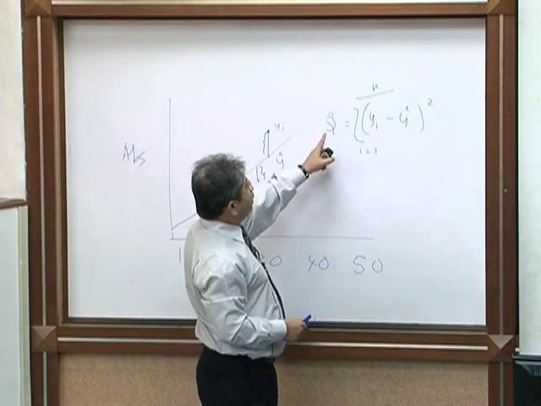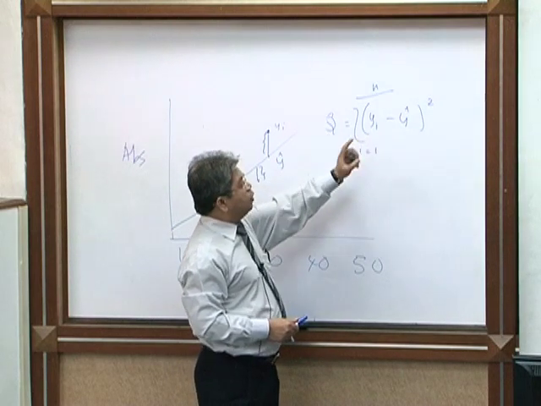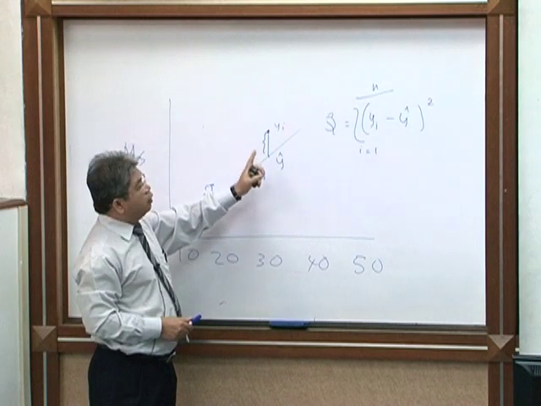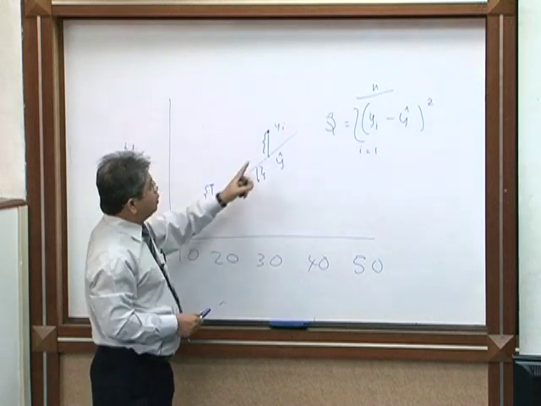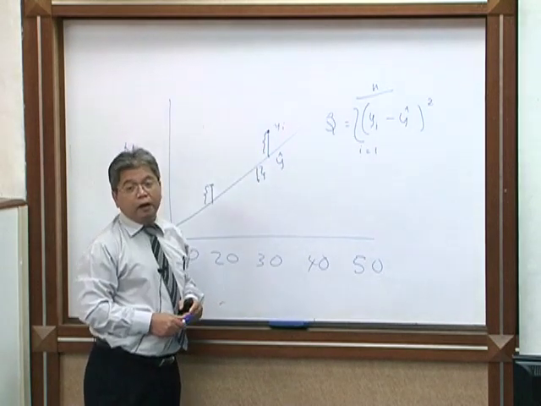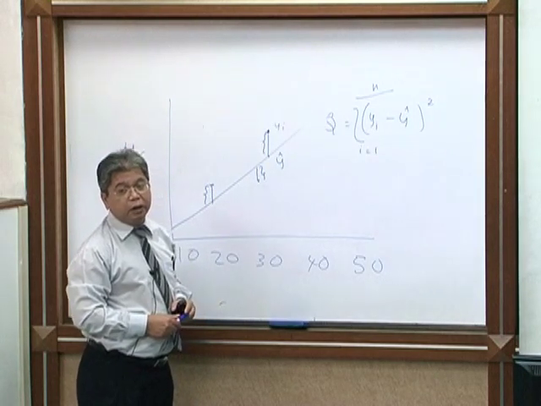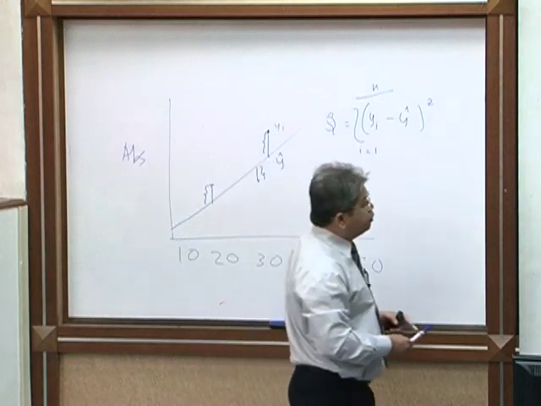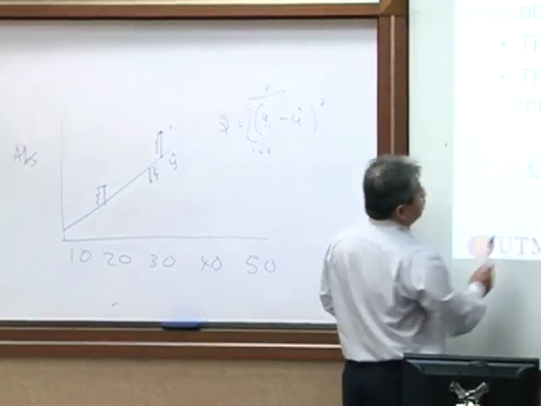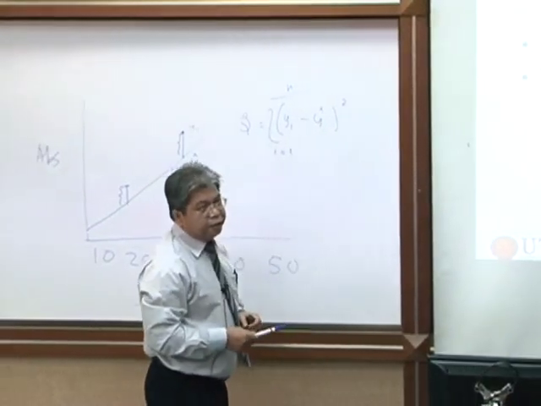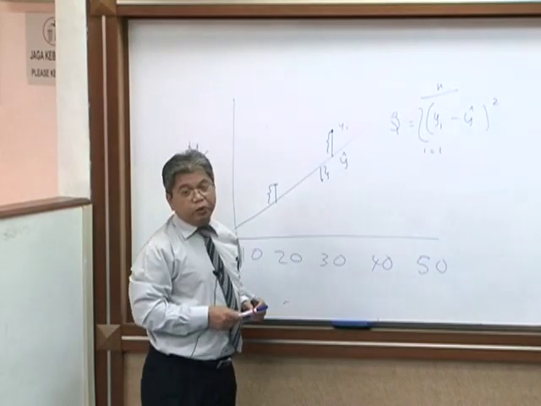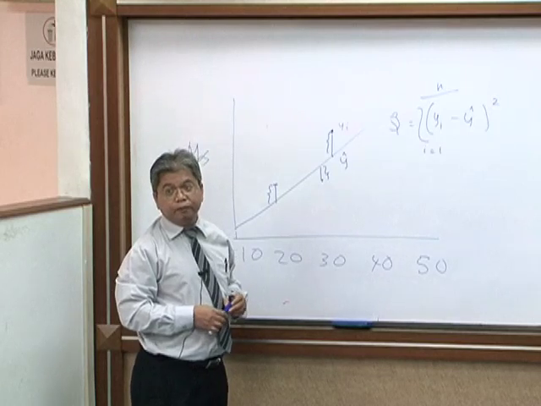The total error Q is the sum of (yi minus y hat) squared, and we sum up the error term for all points in the sample, in the data set. The objective is to minimize the error term Q, to make Q as small as possible.